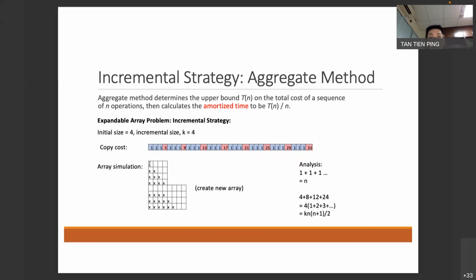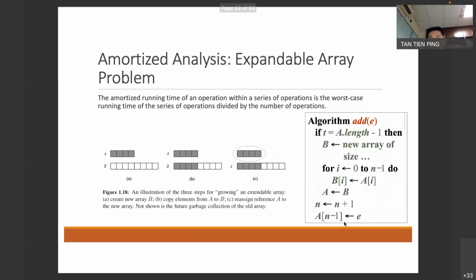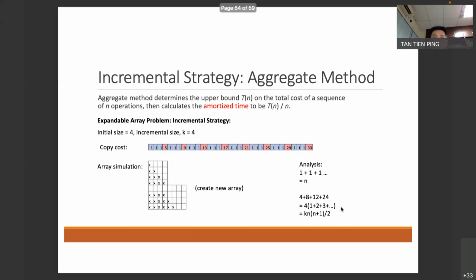Meaning the time, as I mentioned just now, is constant. If you look at the code, it takes a constant amount of time. So for constant, we will just use 1 to represent. If you want, you can put a C there to represent constant, or here we just use 1 to represent constant.